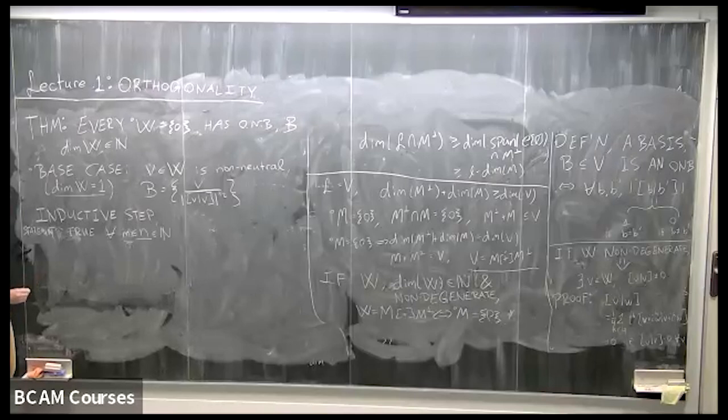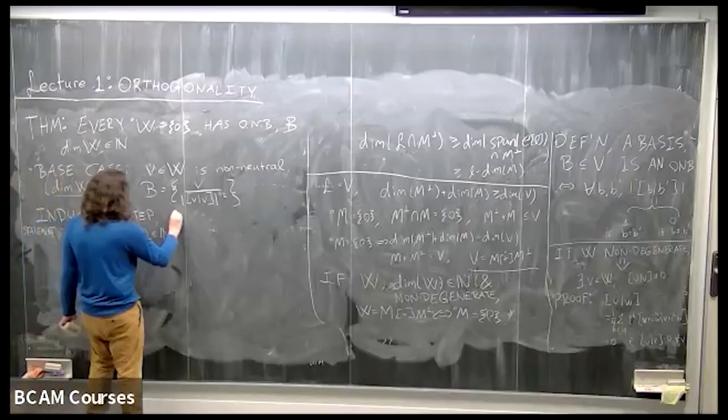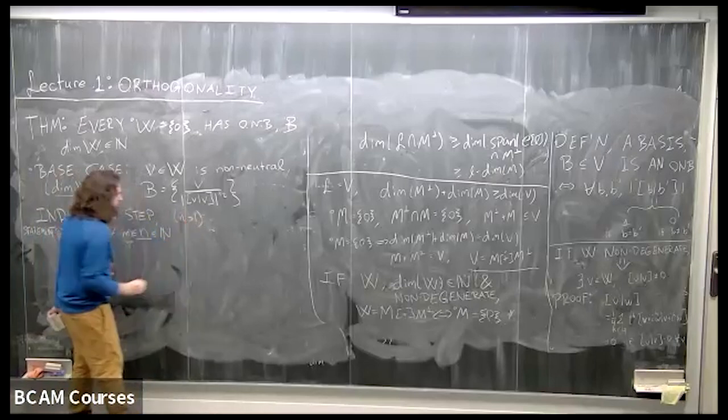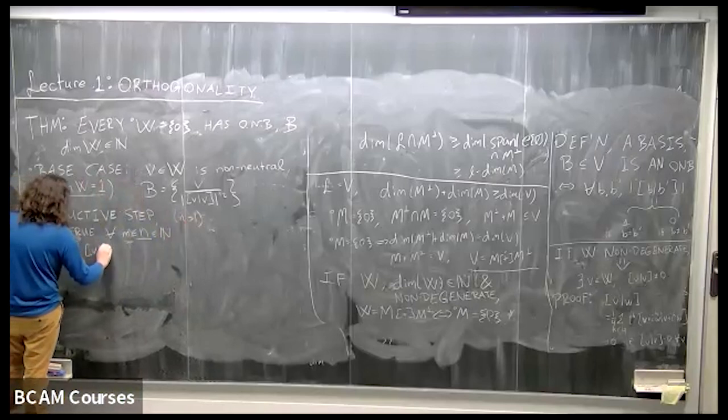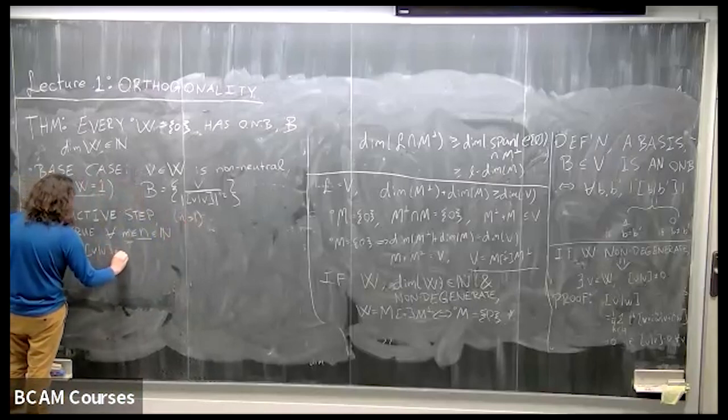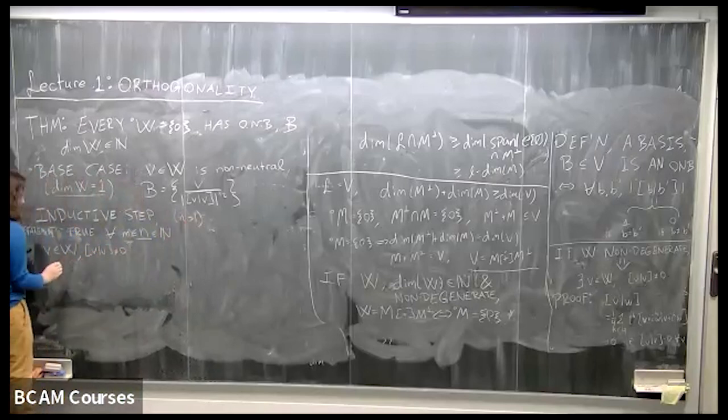So if I give you an n-dimensional space where n is going to be greater than 1 now, because I already proved the one-dimensional case, I can give you a non-neutral vector such that this is non-neutral. So this exists.